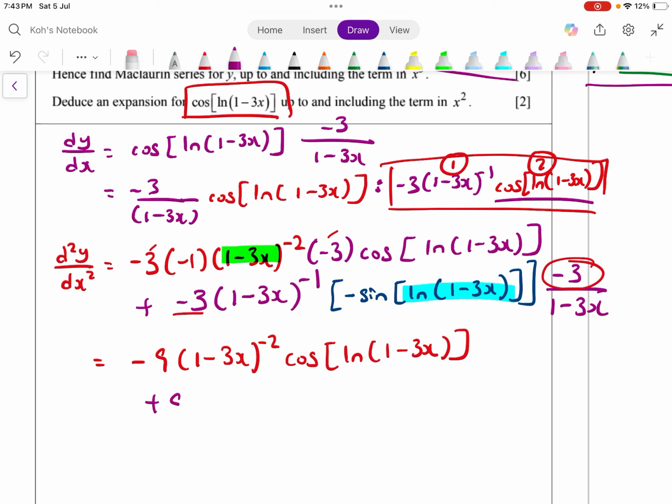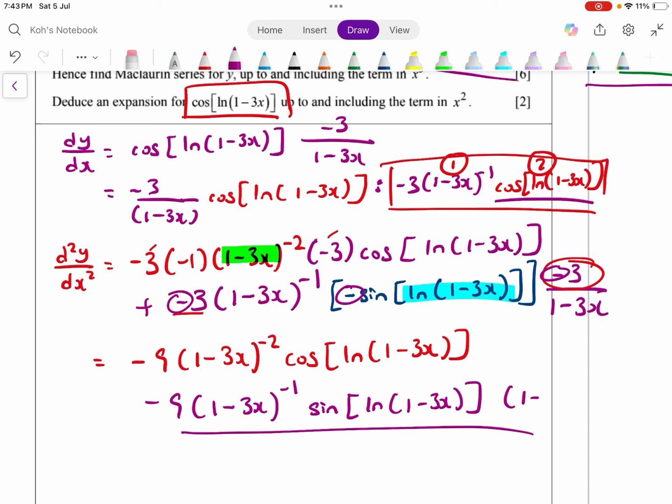So positive 9, (1 minus 3x) to the power of negative 1. So what is left is, because it's negative 3, but of course there's a negative, so eventually I'll get negative as well. So this will be sine ln(1 minus 3x), then square bracket. Then of course eventually there's one thing here, so maybe I just put (1 minus 3x) to the power of negative 1.